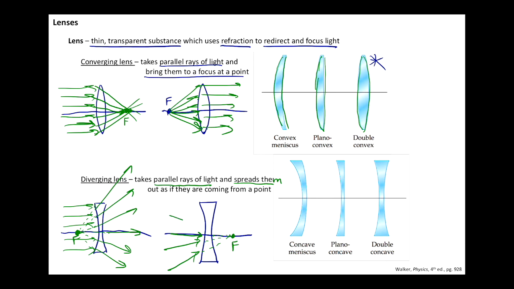Okay? So they're converging toward the focal point on the other side. Well, the diverging lens isn't going to allow that to happen. It's going to spread the light rays back out, and you might be able to guess that instead of them continuing toward that point, they will emerge on the other side parallel to each other.